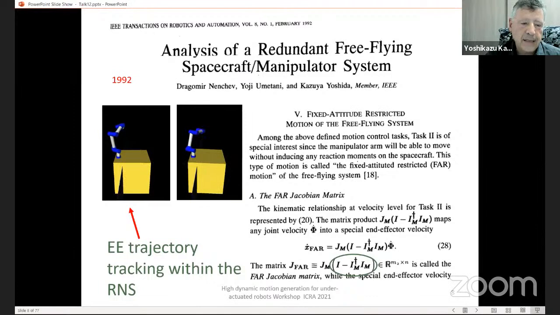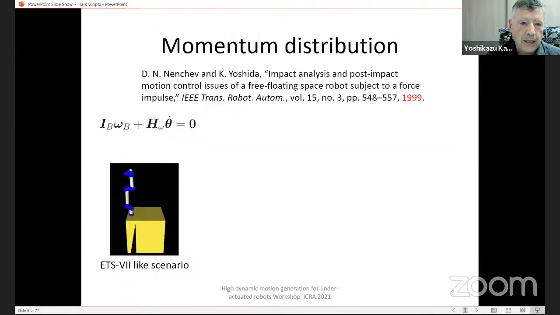So it's very unpleasant. Actually, we were lucky later on, 10 years later, there was an experiment in space of a real space robot with the Japanese space agency. And we were lucky to try this reaction null space-based approach. And it went quite successfully.